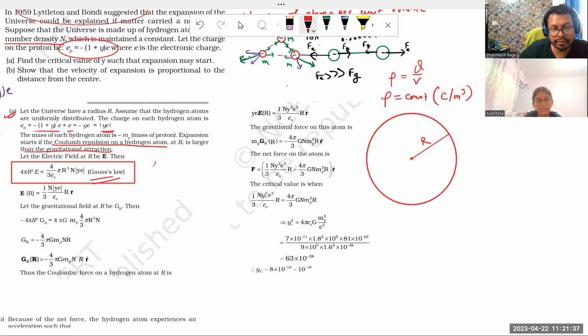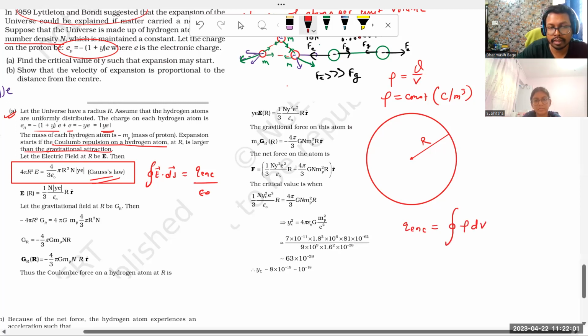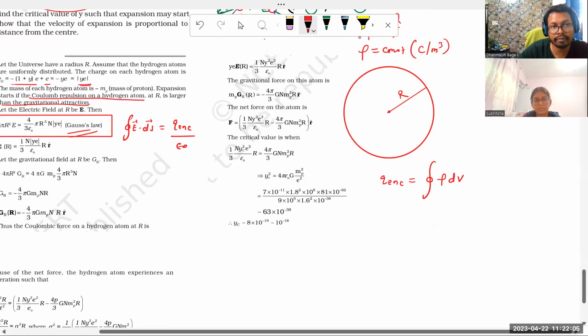Simply, this is the formula E dot ds equals q enclosed by epsilon naught. Exactly that thing. And here q enclosed will be equal to what? Q enclosed will be simply equal to rho dV. Rho is a constant.